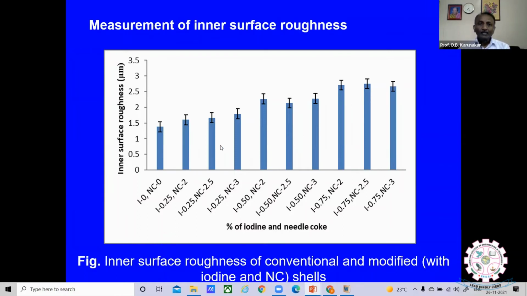Whereas if you carefully examine the shell with 0.25 iodine and needle coke, the surface finish is slightly inferior compared to the conventional shell. The conventional shell is the best as far as surface finish is concerned, but the shell with iodine 0.25 and needle coke 2% is almost close to the conventional shell.